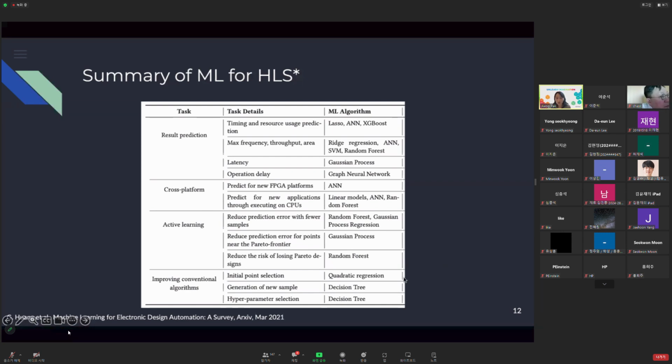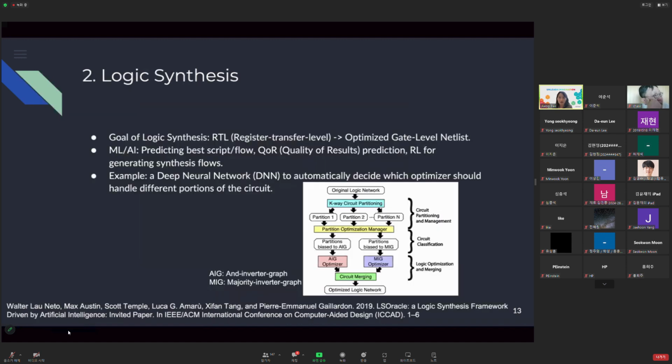So people used some simple models such as random forest or decision tree. And then later they moved to ANN, and some people used graph neural network as well. That's the overview.